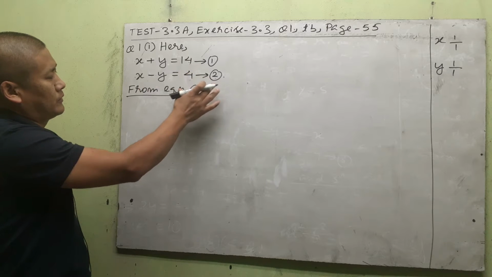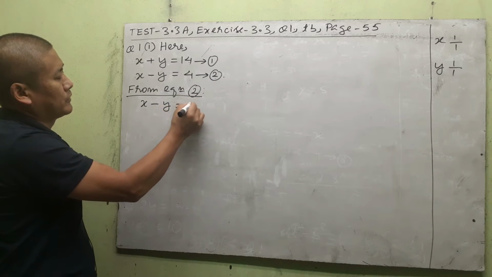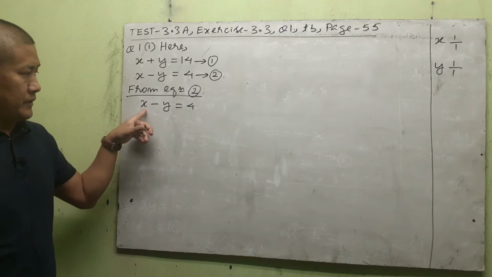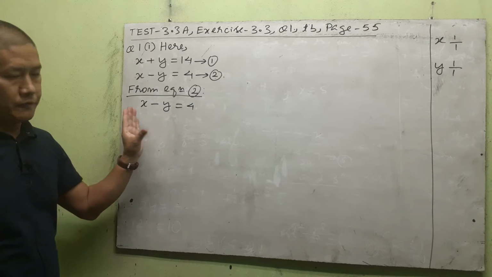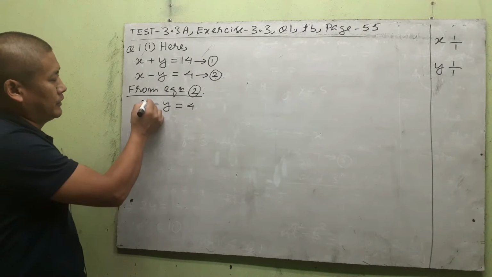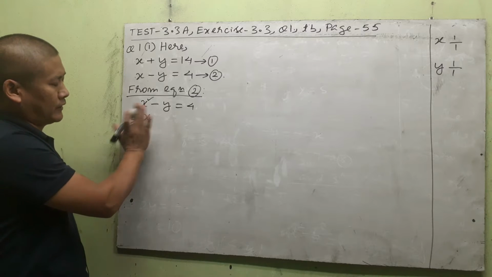Now you can express 2. Just write once, x minus y equal to 4. And substitution means you express this equation that you've chosen in terms of either x or y. Choose the one that you like. If I chose this one in terms of x, I'm putting x alone on one side.